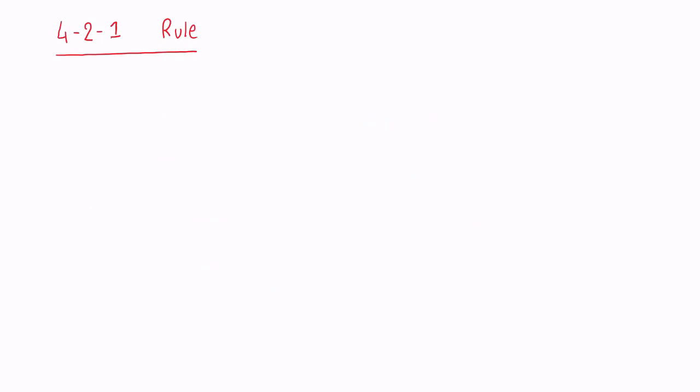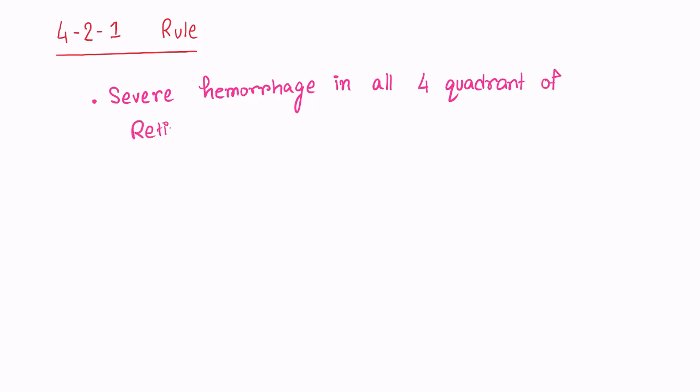We have a rule to grade the severity of NPDR. We call it the 4-2-1 rule. In this rule, we divide the retina into four quadrants. The criteria are: number 1, severe hemorrhage in all four quadrants of retina.